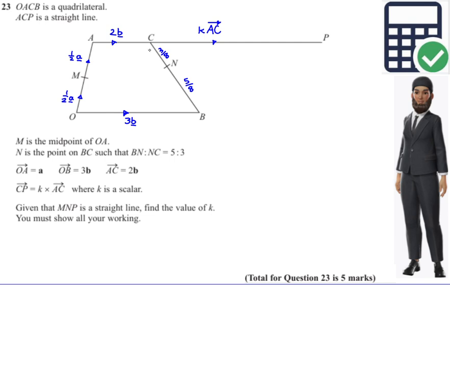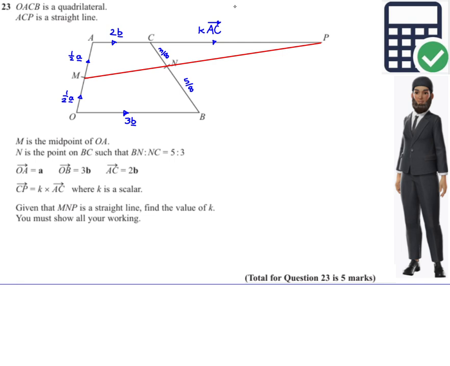Given that MNP is a straight line, so let's fill this in, starting from M, going on to N, and then going on to P is a straight line. Find the value of K. You must show all your working. Okay, if that is the case, we're going to start by establishing what is BC.